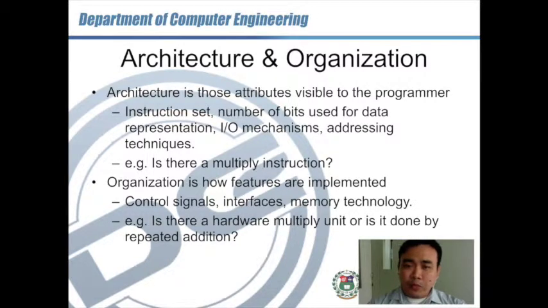So we have both ways still performing a multiplication instruction. So this is a quick explanation of architecture and organization.